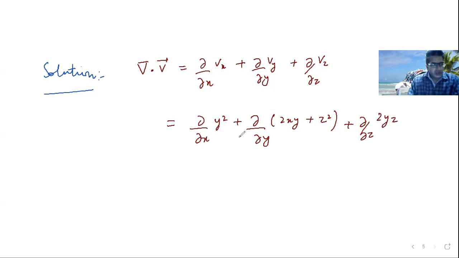So dou by dou x of y square plus dou by dou y of 2xy plus z square plus dou by dou z of 2yz.